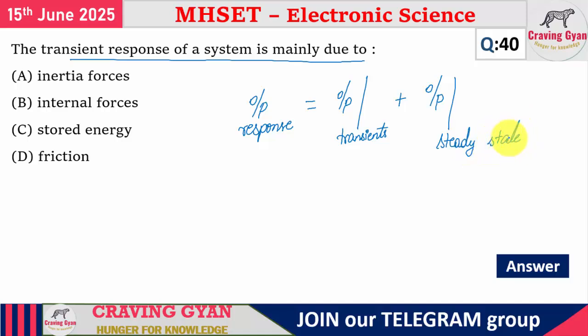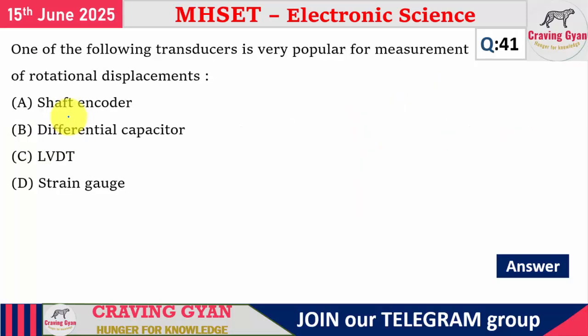In the case of transients, it is nothing but what? Initial conditions or stored energy. Stored energy. The corresponding option that is going to follow is option C is correct.